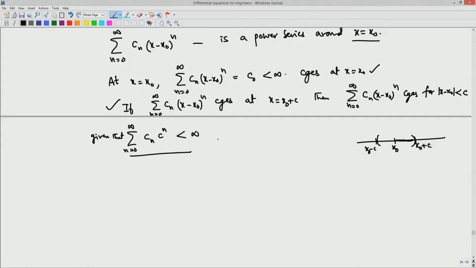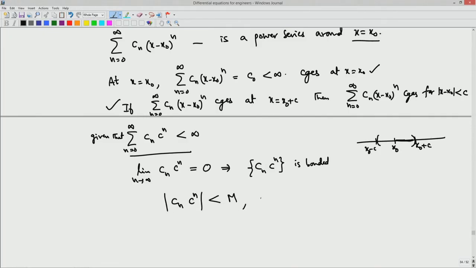That implies the nth term limit is necessary: c power n into C n as n goes to infinity is 0. That means this sequence C n c power n is bounded. So, C n c power n is always bounded by some M. This is true for every n.